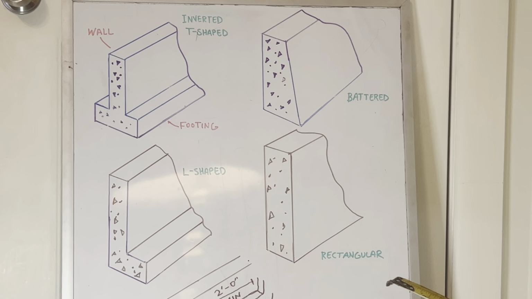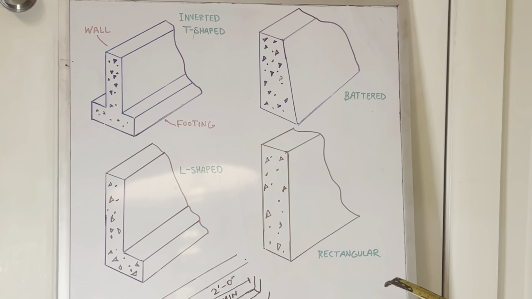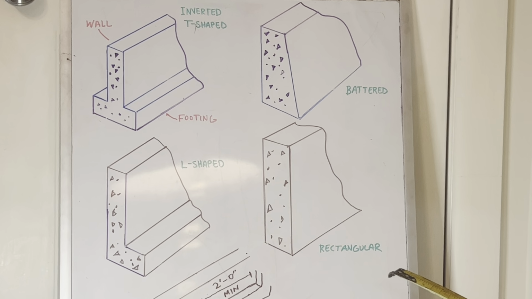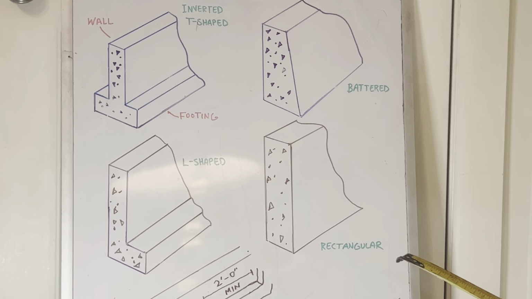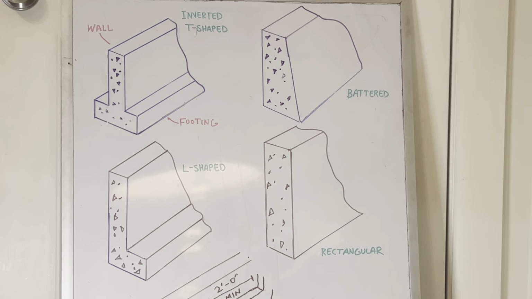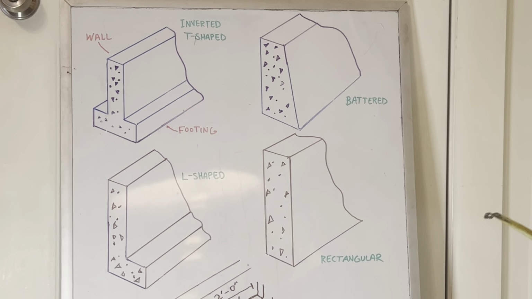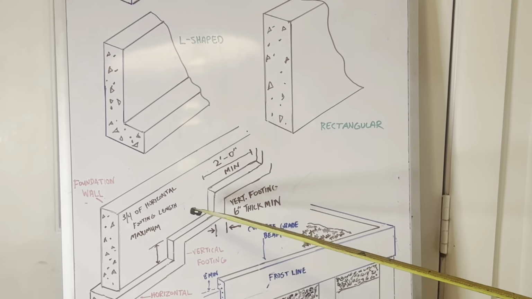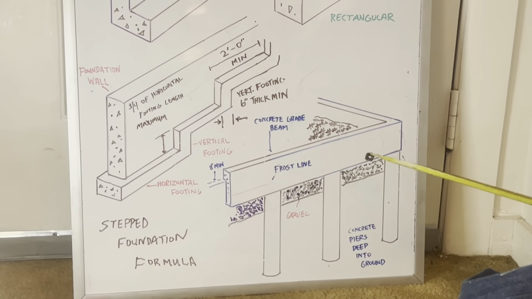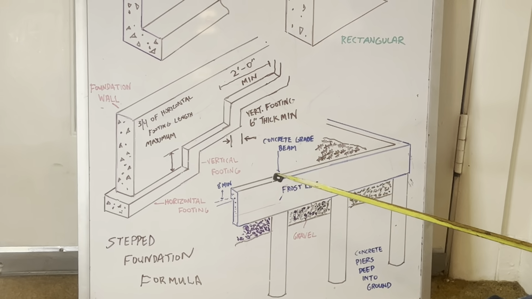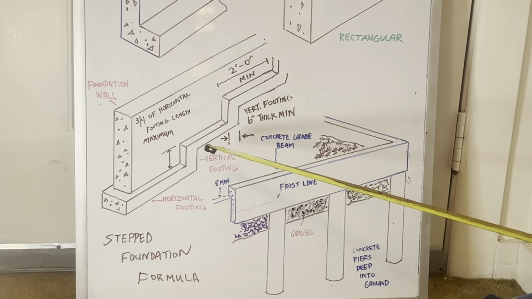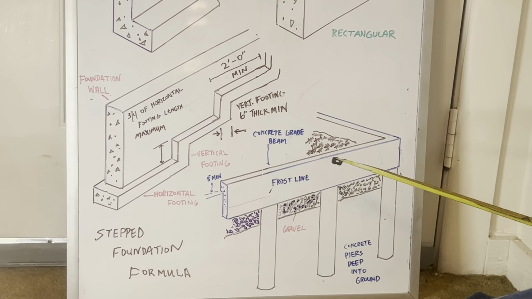Now let's keep on going. The dimensions of foundation walls and footings are normally provided in section views of the foundation plan, okay? Now, I want to talk too about this right here. This is a little different. This is a stepped foundation, okay?